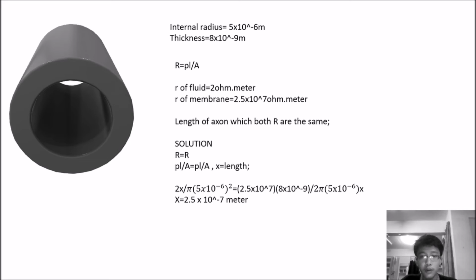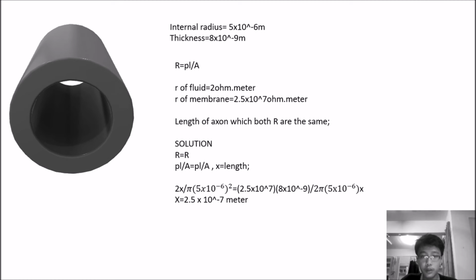So for the length of axon at which both resistances are the same, for the solution we just need to set R equal to R, and substitute the formula resistivity times length over area for both sides. In this case, we need to carefully choose what is x, the length of the axon tube, as it will be different on each side of the formula.